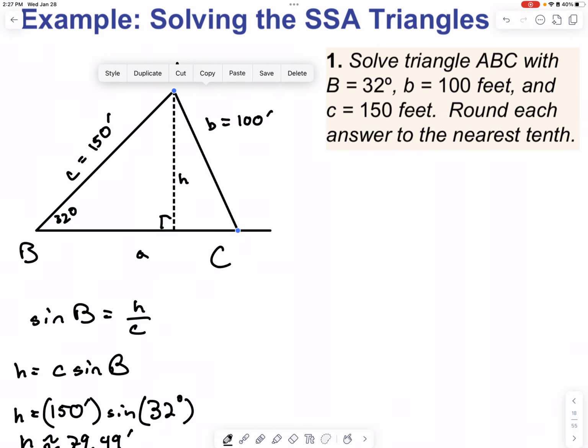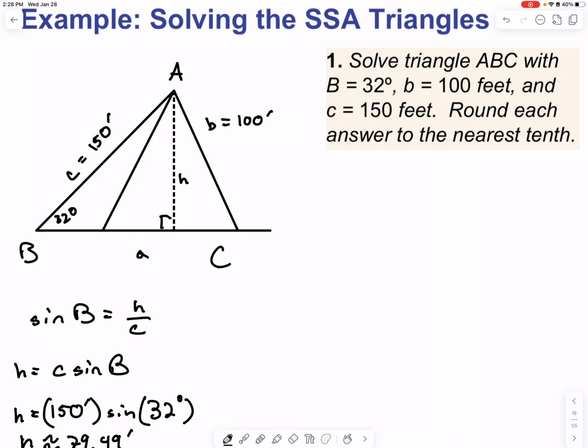This side B, if it's 100, let me duplicate it. It's going to hit before, because it's longer than the altitude, it's going to hit that baseline. So it's going to create one triangle, and then it can also create another triangle right about here. So that means that we should have two triangles.